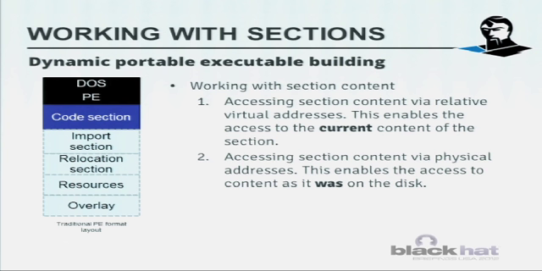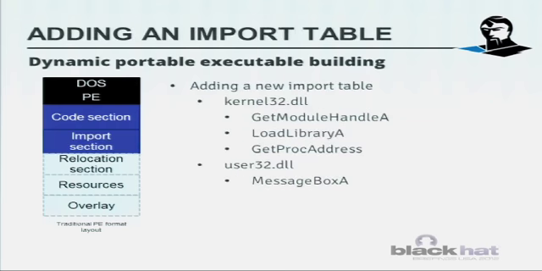So if you read physically from the file, so from physical offsets, then you will be actually reading from the file on disk. If you're reading from the relative virtual offsets, you're reading from the current changes in memory. And that's a really important concept to grasp, because you want to be working with memory all the time, because memory is fast and you don't need a lot of it to accomplish your task.